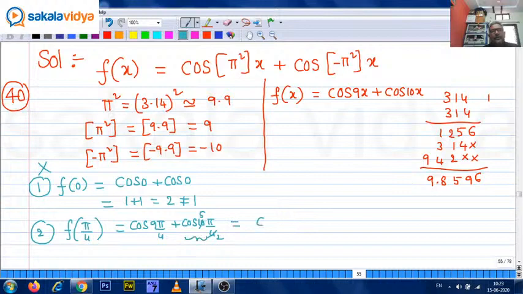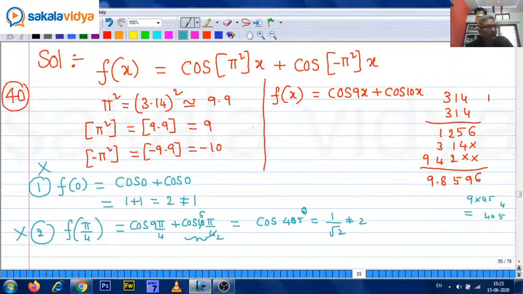Only we need to find cos 9 pi by 4. 9 into 45, how much will we get? 405. Cos 405 degrees means cos of 360 plus 45, which is 1 by root 2. But what is given? 2 is given. It does not equal 2. So the second option has been eliminated.